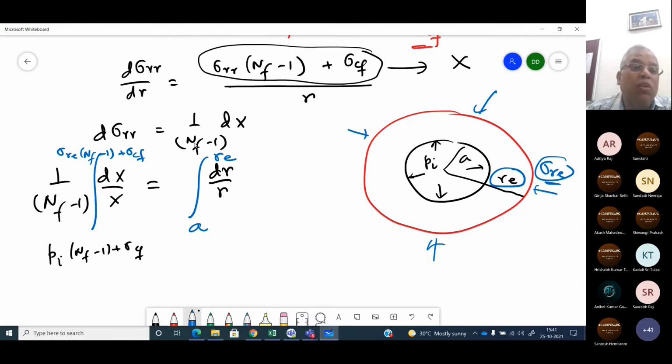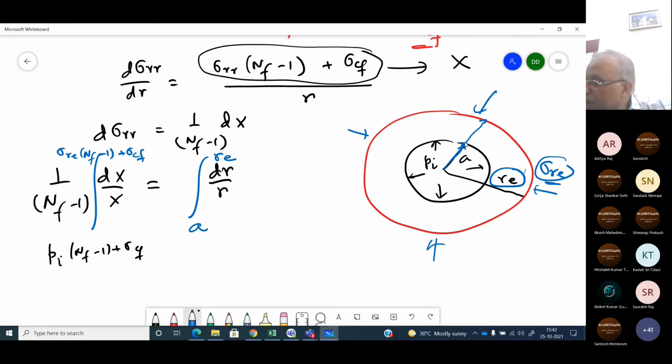Okay, now we will be able to at least form an equation. Yeah, go ahead. Sir, can you explain boundary condition once again? Okay. See, my R boundary condition is from A to RE, right? Because I'm only talking about the plastic zone here, the failed zone.